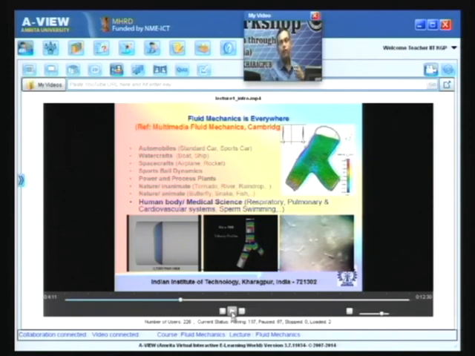All of you are already teachers of fluid mechanics, so you have taught your students about flow of water through pipes. Pipe flow is a very common chapter in fluid mechanics, and we will be covering that chapter in this particular course as well. Now think of a very basic difference between flow of water through a pipe and flow of blood through arteries and veins.